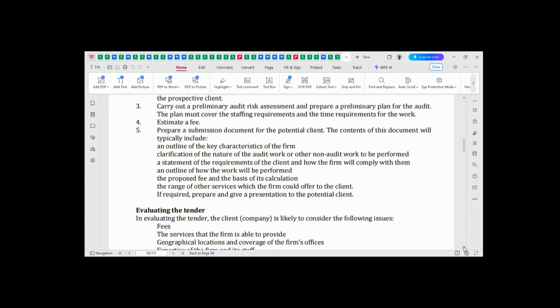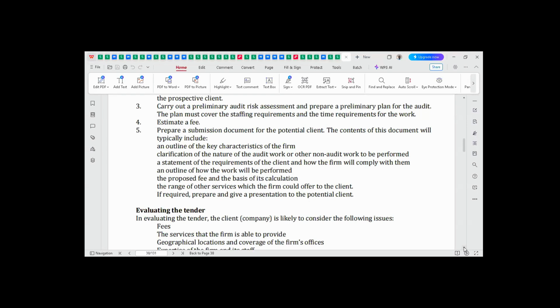Number two, they're going to look at other services that the audit firm can render. Some might be able to render much more service than others. So all of this will be an added advantage to whichever audit firm is finally selected to be their external auditor at the end of the day.